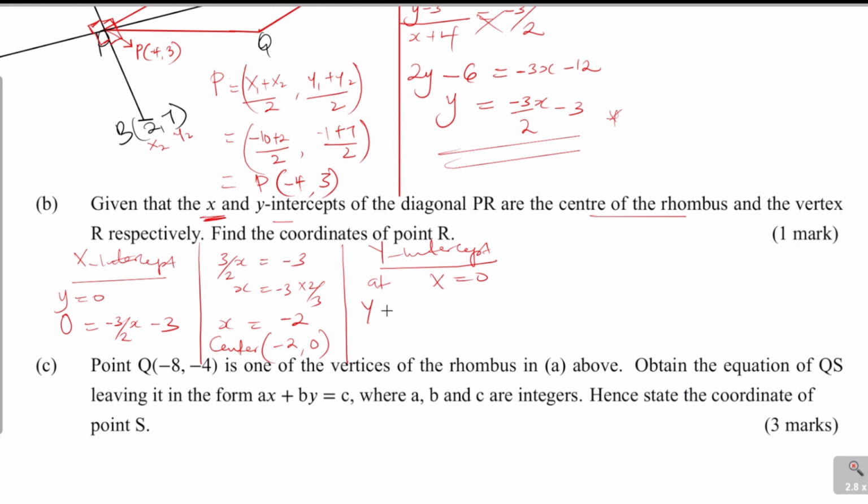So this will give y equals, x here is 0, so you get y equals -3. So the coordinates of R will be given by x is 0 and y is -3. So we've done everything. We've obtained the coordinates of R. We go to part C.